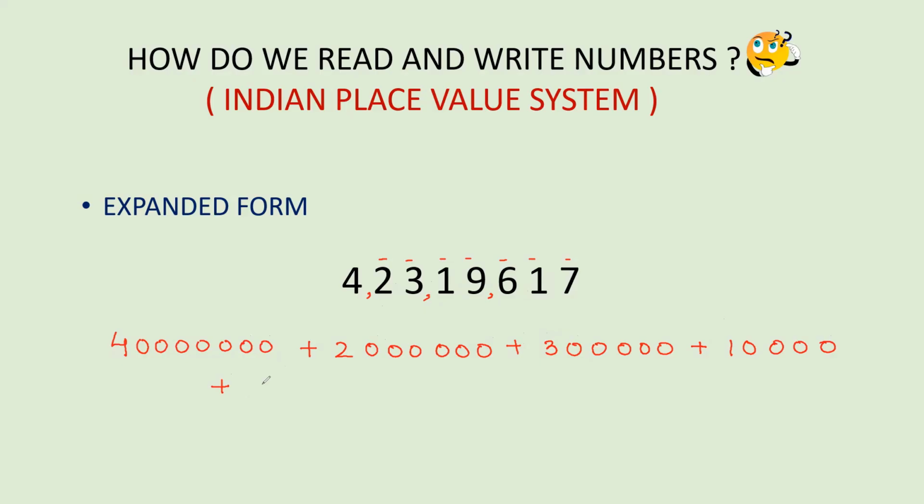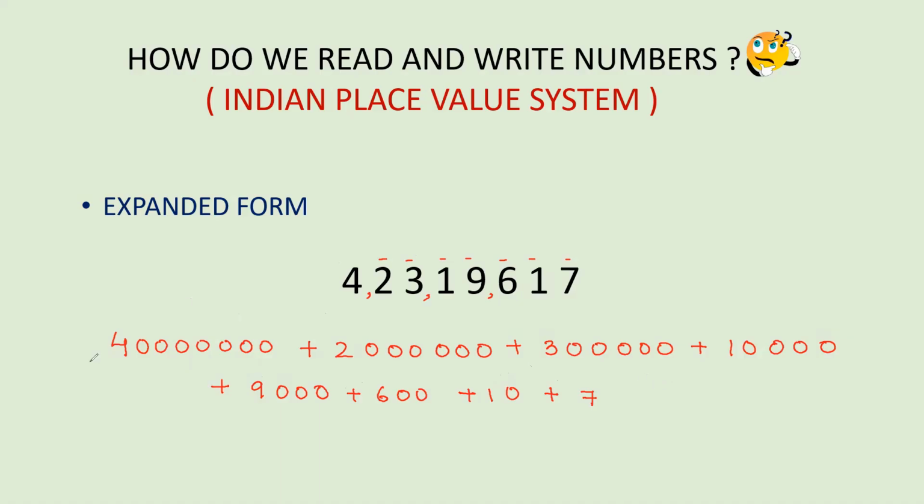Then number 9 with 3 zeros. Number 6 with 2 zeros. Number 1 with 1 zero. And lastly, we have the units digit, which is 7. So we have converted the standard form to the expanded form, where we actually show the expanded form of 4 crores, 20 lakhs, 3 lakhs, 10,000, 9,000, 600, then 10, and then 7.